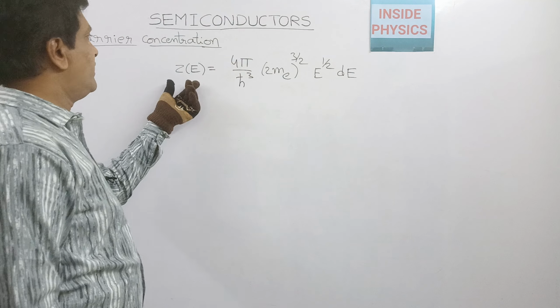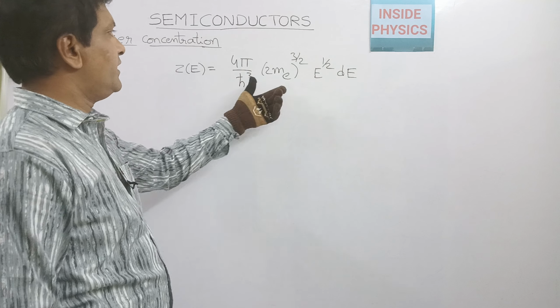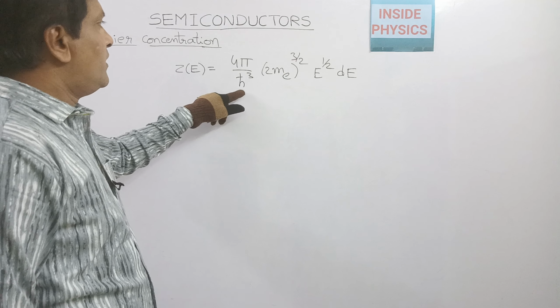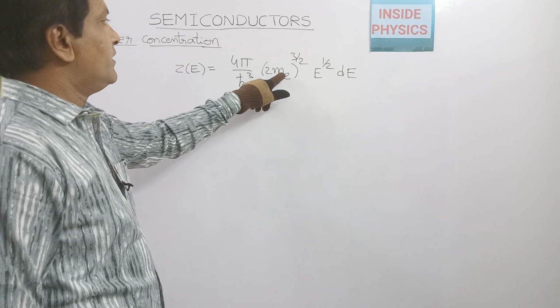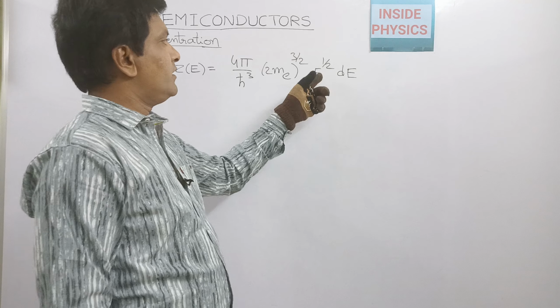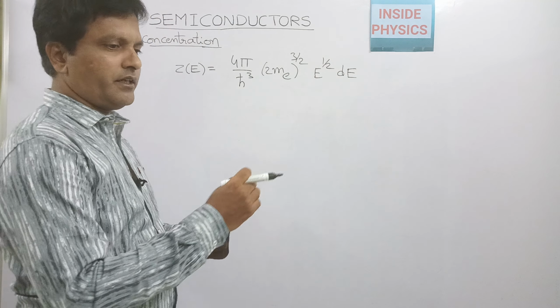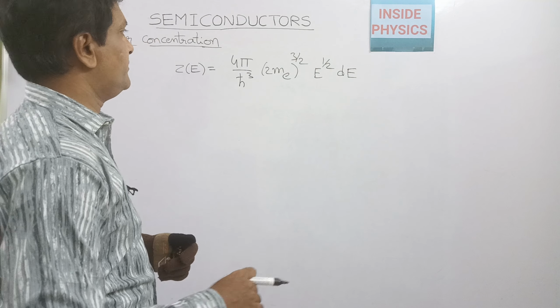So we can start with the electron density Z(E) in this mathematical form, with h bar, 2 m_e, the effective mass of the electron, and this is the energy level we are taking, in which we are going to find the electron density.